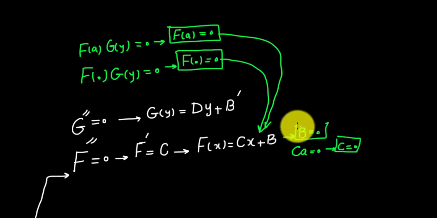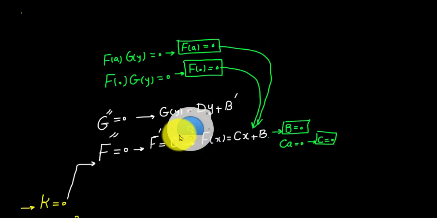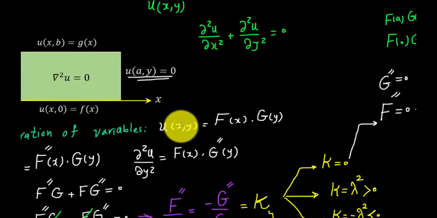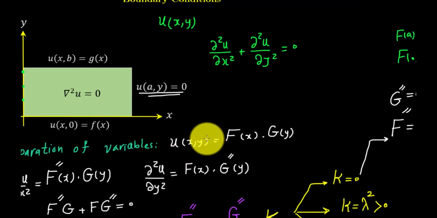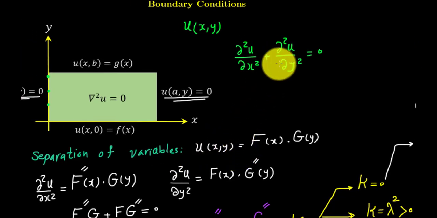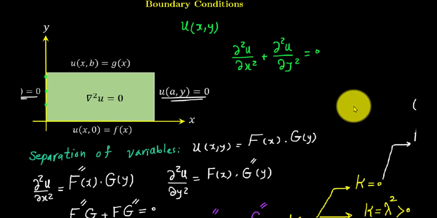But c and b equal to 0 gives me f of x equal to 0. And when f of x is equal to 0, it means that u of x comma y equals 0. That is called a trivial solution of this partial differential equation. But I'm not interested in a trivial solution, but a non-trivial solution.